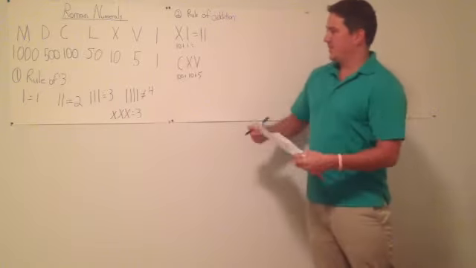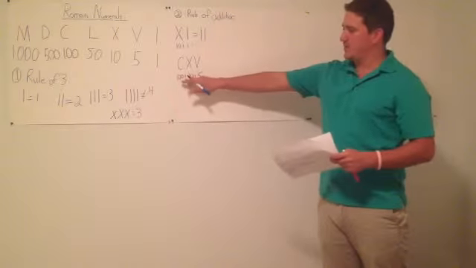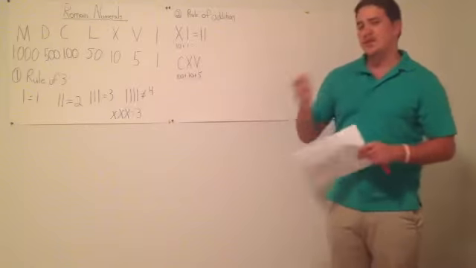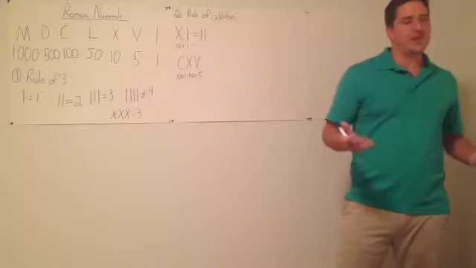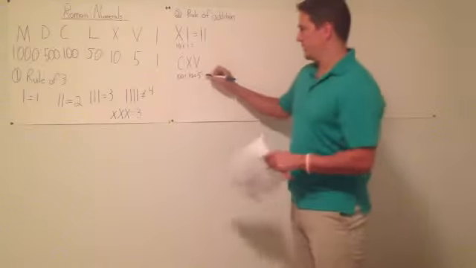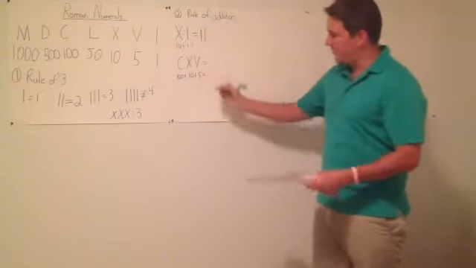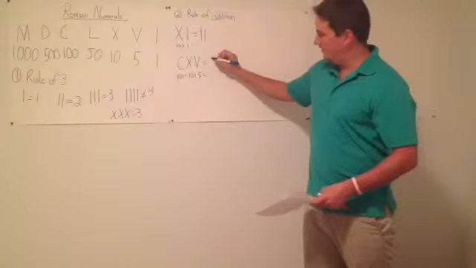As you can see, the 100 is greater than or equal to the 10, which is greater than or equal to the 5, so again, you would use the same addition rule. So the 100 plus 10 plus 5 equals 115.